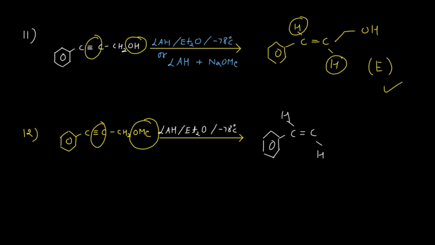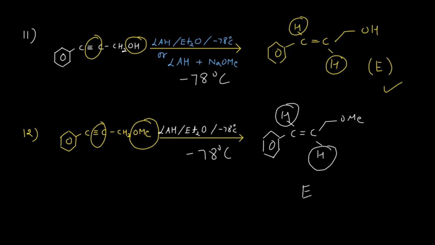There is no problem in that. And this is your OMe type of thing. This is H, this is H, again an E alkene is produced. But you see, in both cases the temperature of this reaction is very low, minus 78 degrees centigrade, and this will also happen at minus 78 degrees centigrade. These are very important reactions.